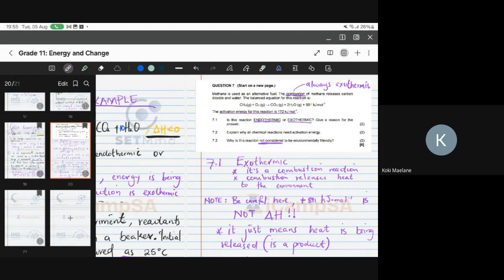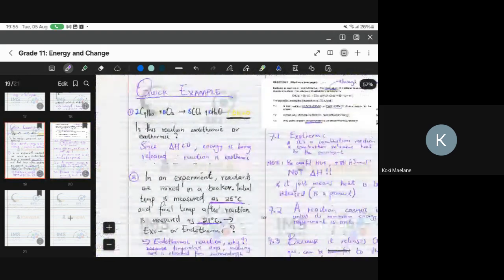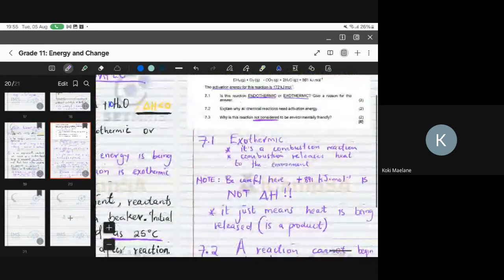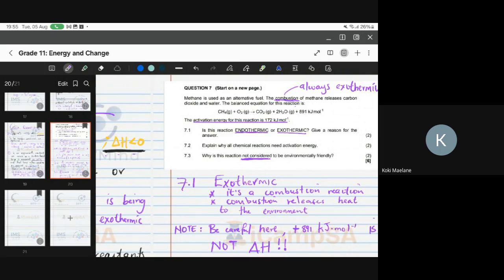Sometimes they plant trees to absorb it. So it's not a good gas, and that's why this reaction is considered not to be environmentally friendly.